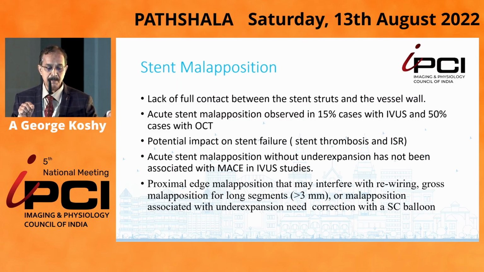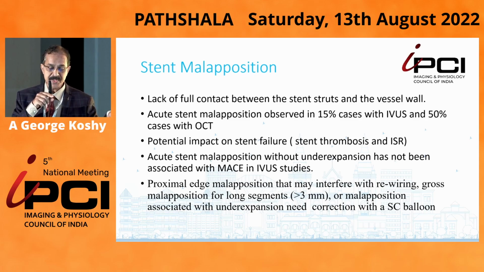Now, stent malapposition. We should clearly differentiate between malapposition and under-expansion. Both can coexist. Malapposition is the lack of full contact between the stent struts and the vessel wall. Acute stent malapposition is observed commonly. If you use an OCT, a minor degree of malapposition is very common.